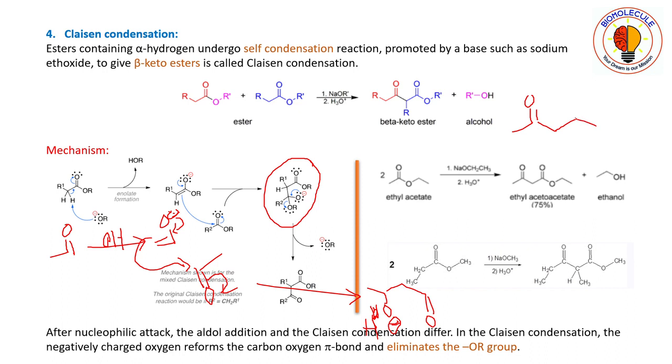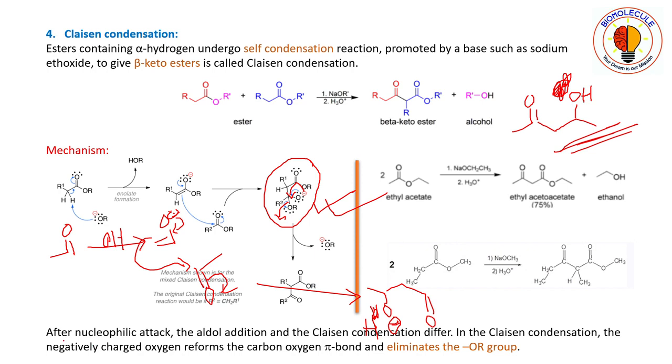I am showing it, this one is for ketone. So the beta alkoxy carbonyl compound, this one was O minus, now captures a proton to become a beta hydroxy carbonyl compound. But here this beta alkoxy carbonyl compound now reforms its negative charge and kicks out this alkoxy ion.